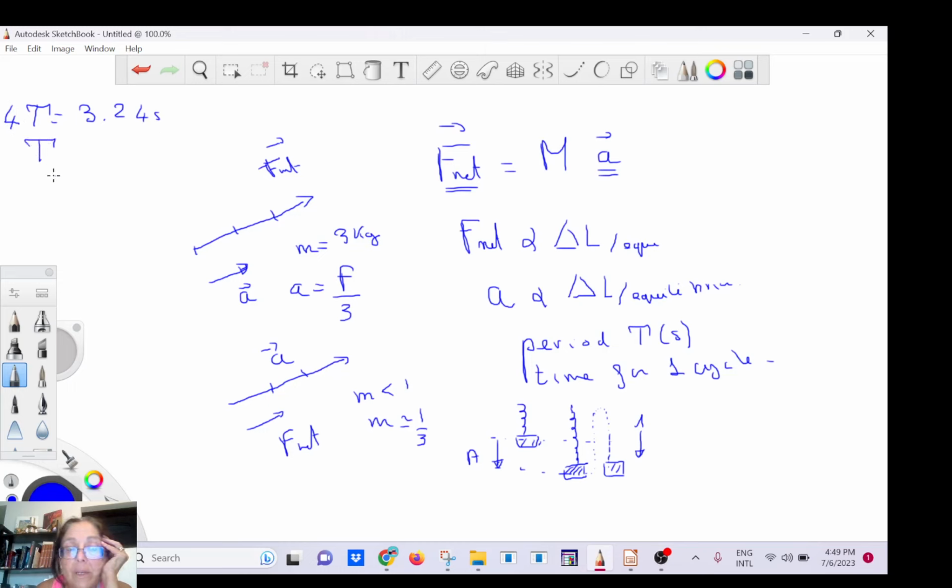So the period, that means the time for 1 oscillation, is going to be 3.24 divided by 4, and you get about 0.8 seconds, right? Okay, so that's how to find the period.